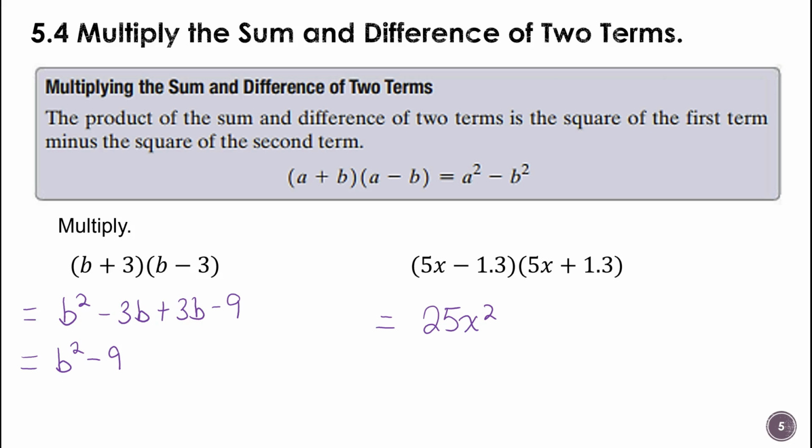And since there's one place after the decimal on each one, we would have 2 places after the decimal. So if I multiply 1.3 times 1.3, I get 169, and I have to have 2 places. Oh yeah, there are 2 places after the decimal, so it's 1.69. Now, you can just use a calculator to multiply those.